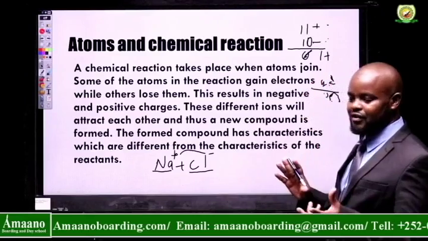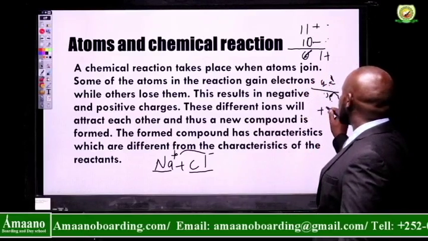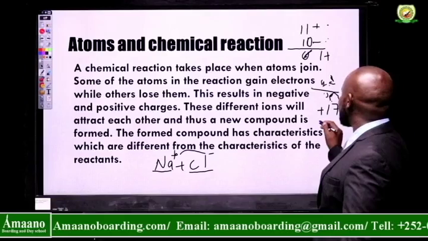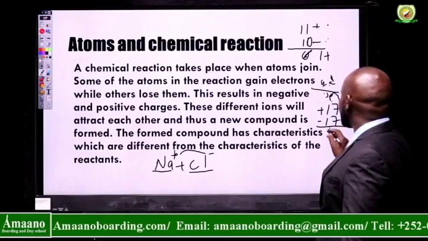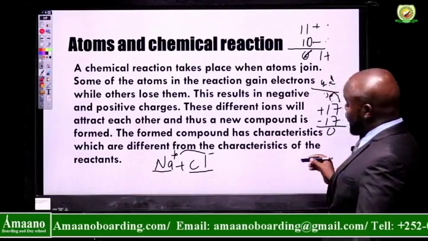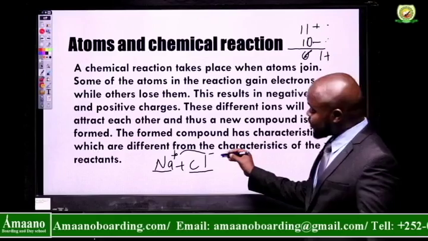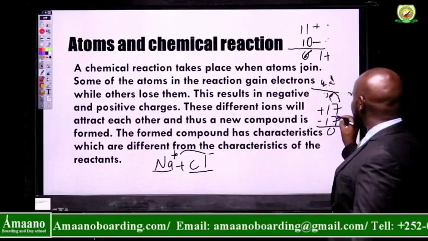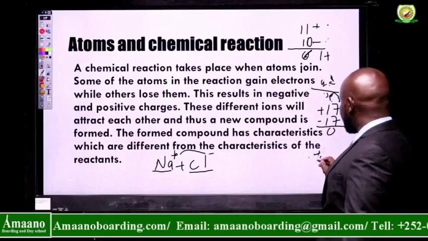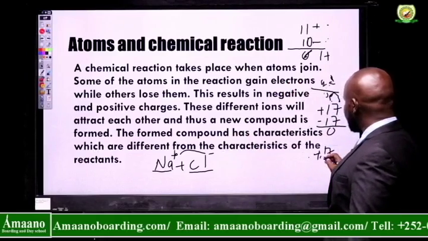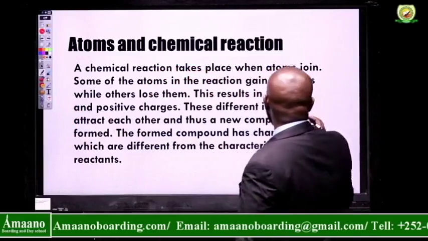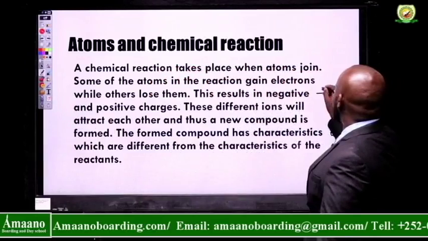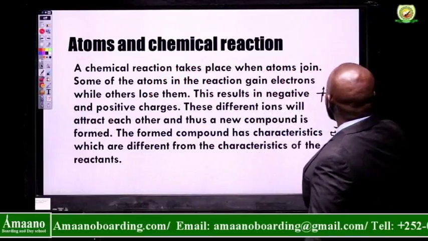Chlorine is quite the opposite. It has 17 protons and 17 electrons. If we subtract them, it is 0. When it gains an extra electron, the protons still remain 17, right?